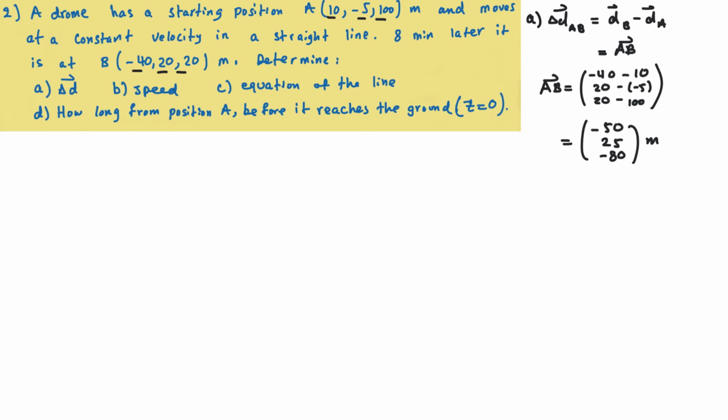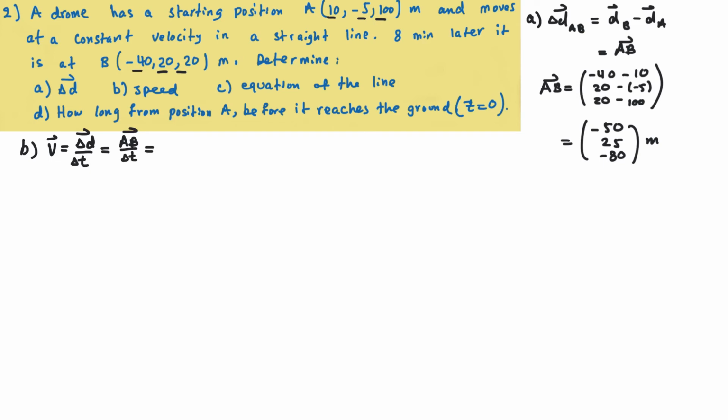So for part B here, we are going to start off by finding the velocity, and the velocity is equal to the displacement over the time that's taken, or I'm going to write it as delta t. We know the displacement, we found it to be vector AB, over the time.